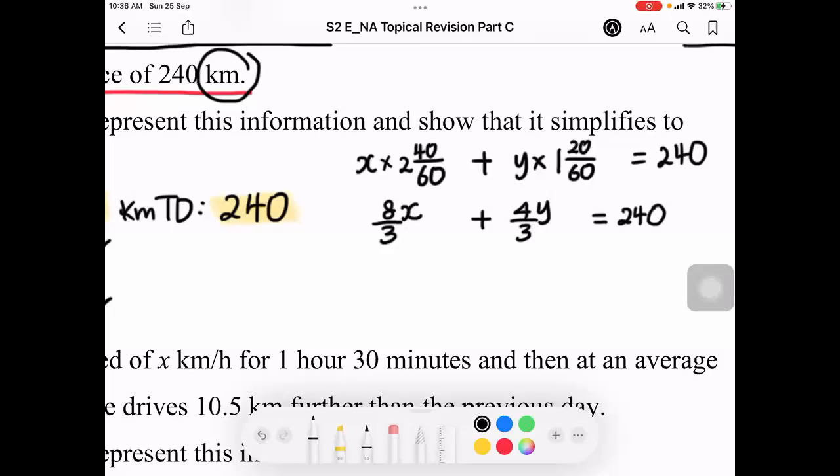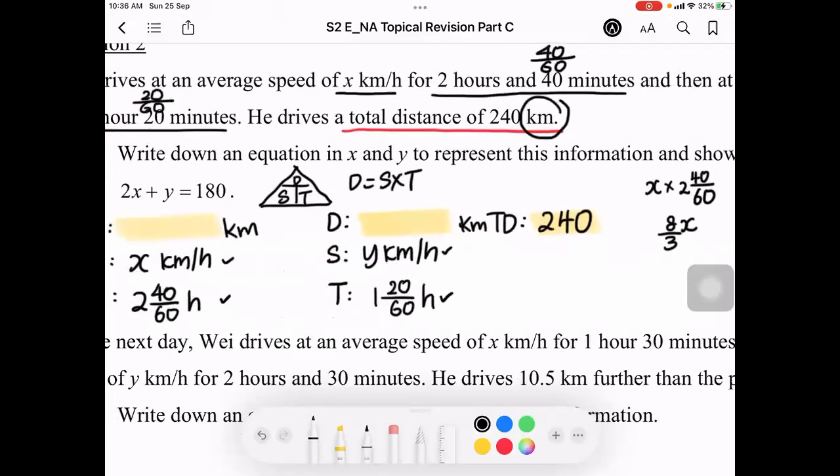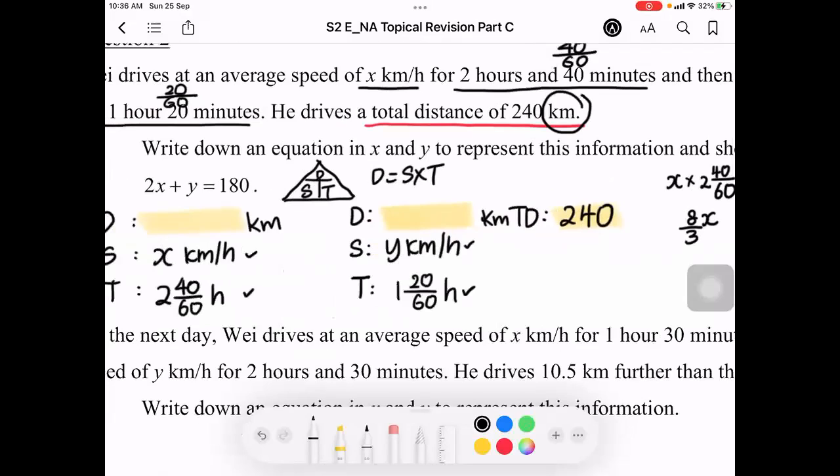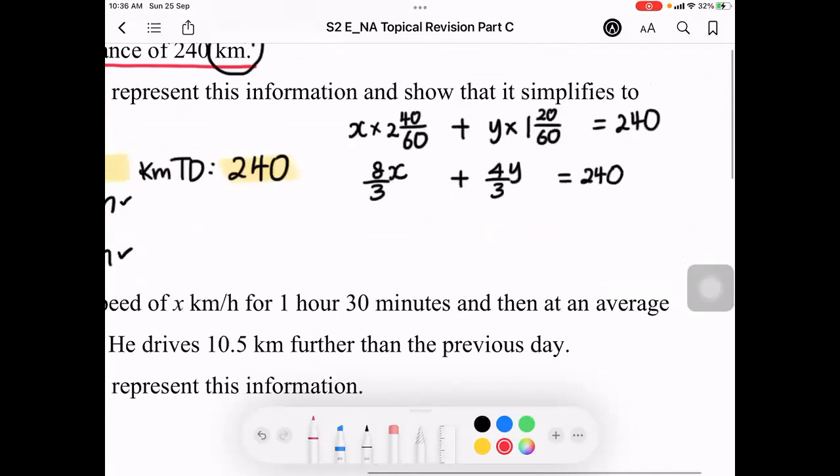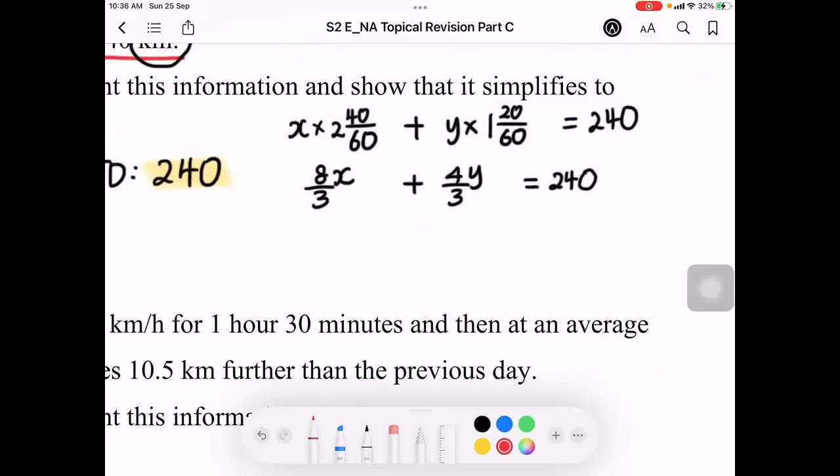Now let's look at the question. They say show that it equals 2x plus y equals 180 down here. But is there any fraction here? There's no fraction here, correct or not? So we are going to get rid of our denominator. The denominator is 3, so the whole thing times 3, and this side here also must times 3.